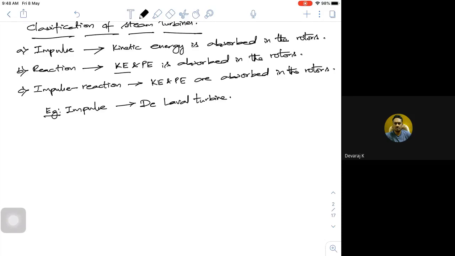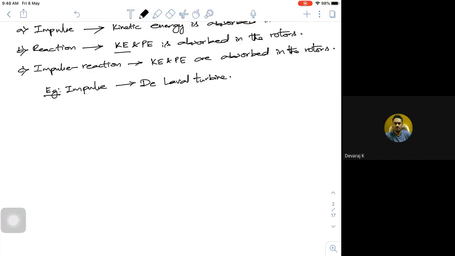That name is irrelevant for us. But then we have the other one, the Curtis impulse turbine. These are the two types of turbines, still used actually. The Curtis turbine was developed by an engineer by the name Charles Curtis.